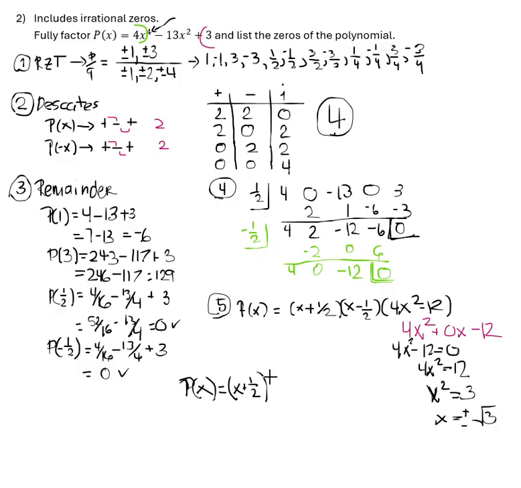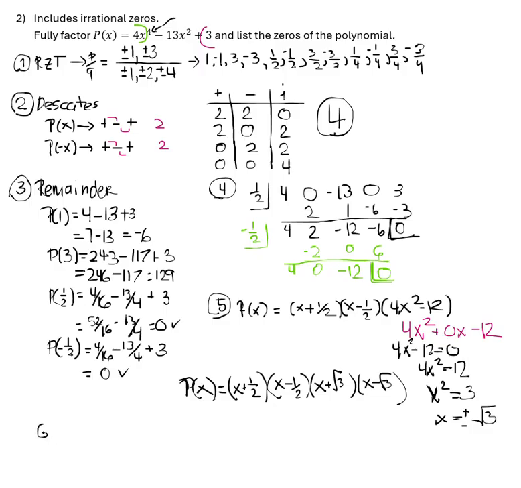So I plus 1/2, I need a minus 1/2. And then I'll need an x plus square root 3, and I'll need an x minus square root of 3. And this is fully factored.